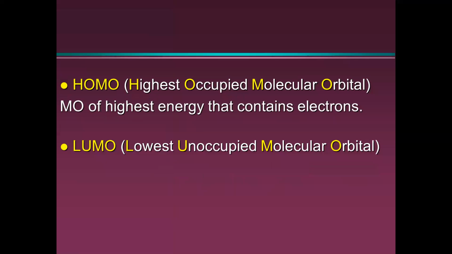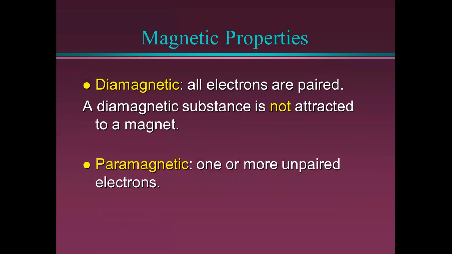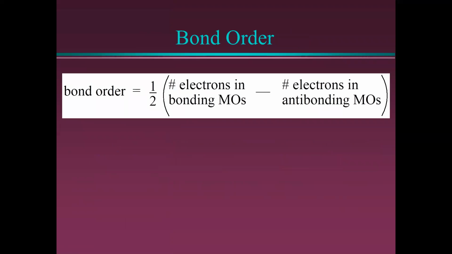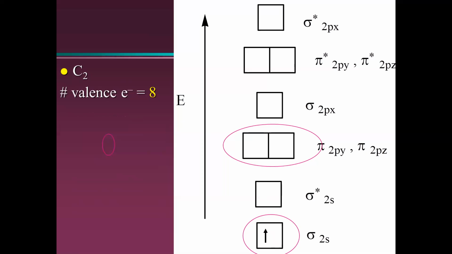Just in case you may forget, here, the bond order is equal to half the number of electrons in the bonding orbitals minus the number of electrons in the antibonding orbitals. This is why we calculate that way.